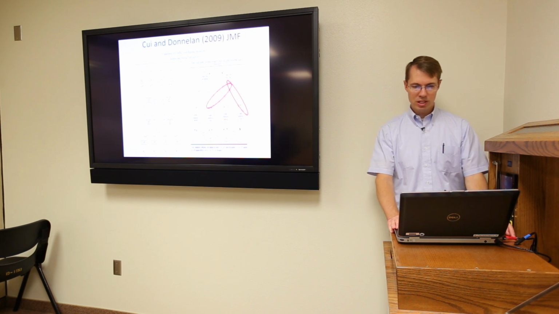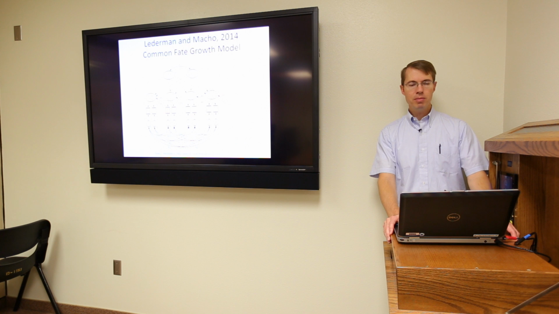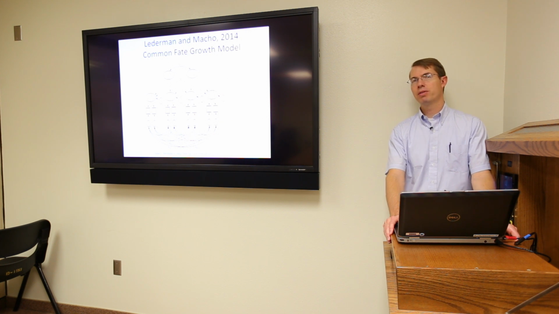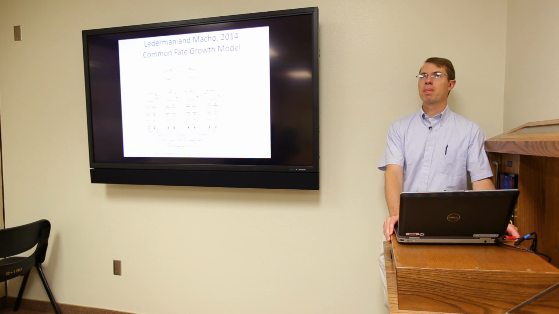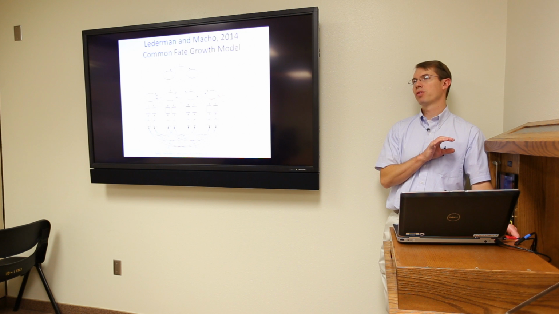Okay, I mentioned these child slopes predicting mother and father slopes. Liederman and Macho have presented a common fate model. In this case, this is an alternative to an associative growth curve model.